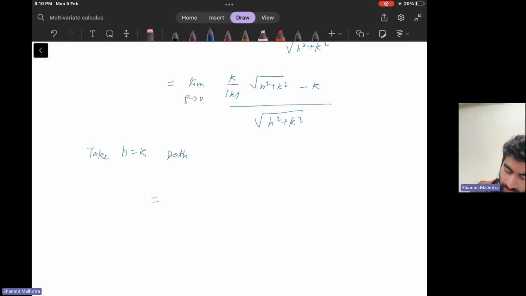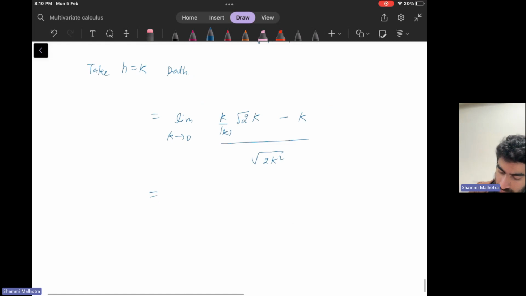So this will be the limit as k tends towards 0 of k by mod k times root 2k minus k, divided by root 2 k square.